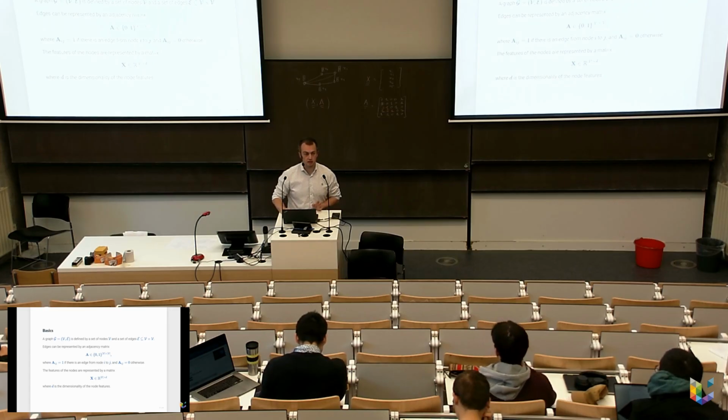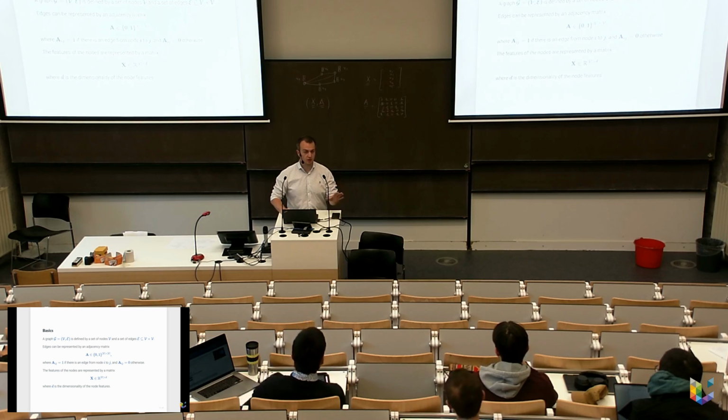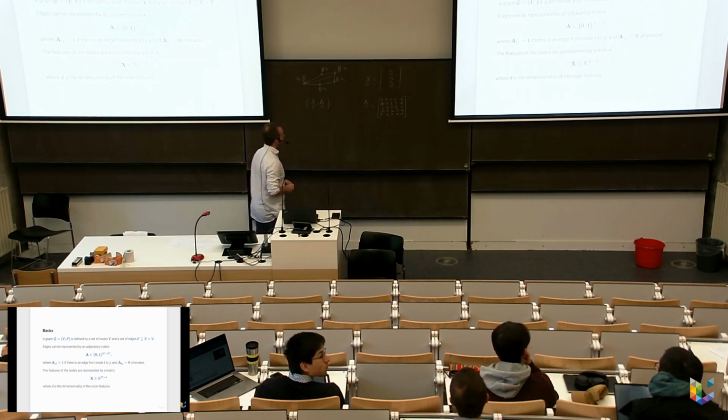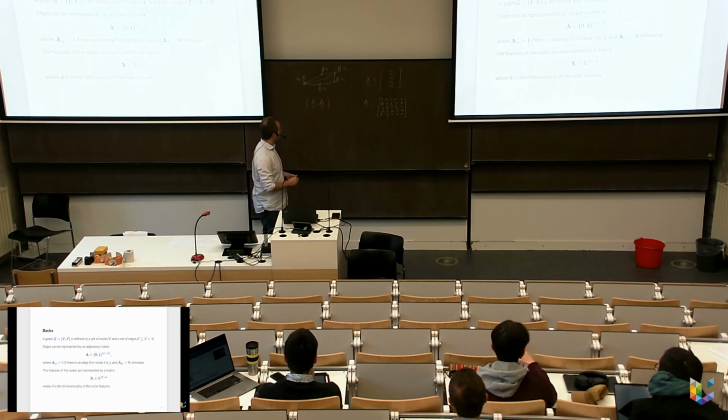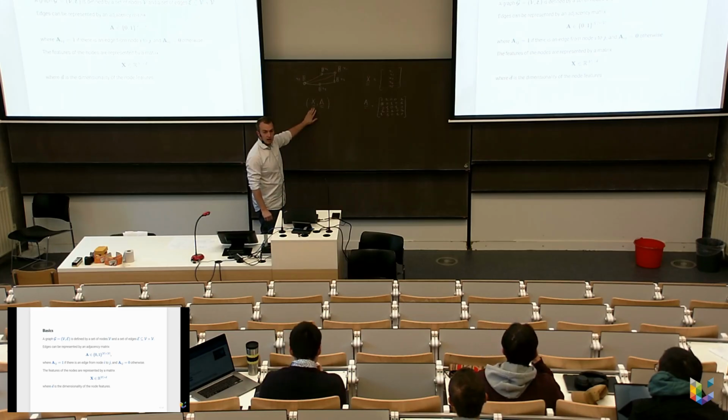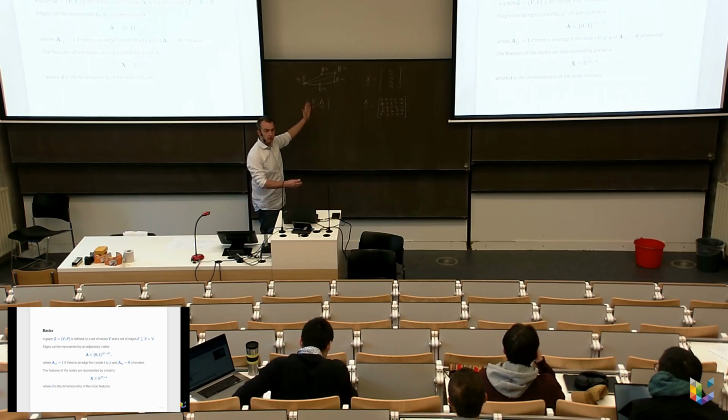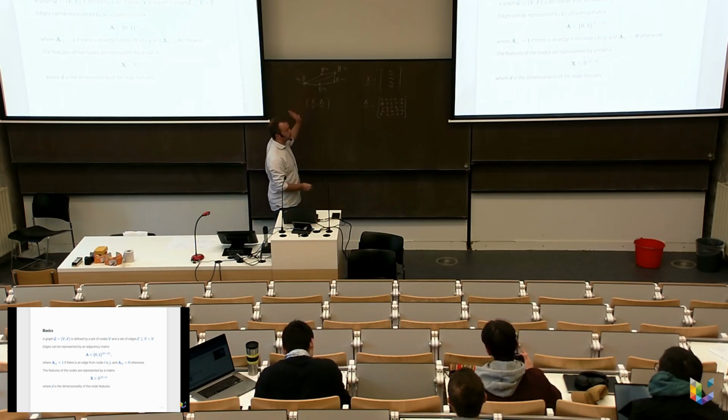Questions so far? For those of you who just arrived, the goal today, just a quick recap, is to design a neural network architecture that would be able to ingest this as input. The goal would be, for example, to treat machine learning problems like classifying graphs or doing regression on the nodes or on the edges.